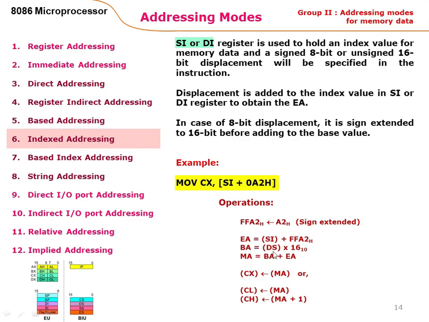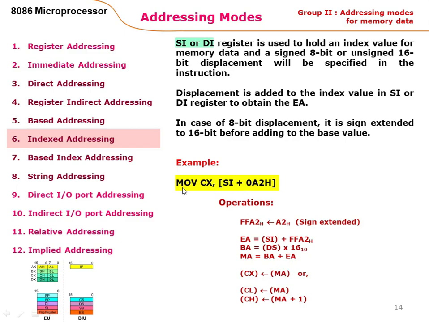The base address is calculated from the data segment register, so this data segment register value is shifted by 4 bits to the left, that is multiplying by 16 decimal. The 20-bit physical memory address is calculated by adding this base address value and the calculated effective address value.